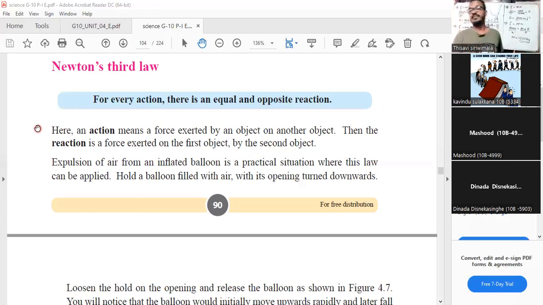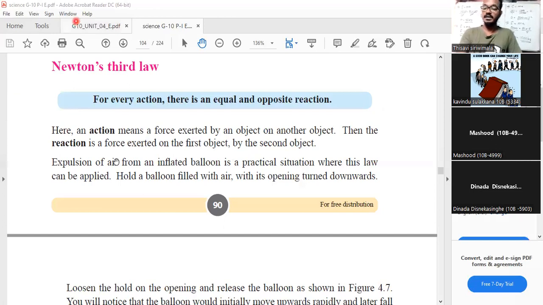Rowing a boat, action and reaction. Newton's third law. Then again, when you let go an inflated balloon, it moves. Again, there'll be action and reaction. It is complying with the Newton's third law. When you are seated on a chair, action and reaction. Again, following the Newton's third law.